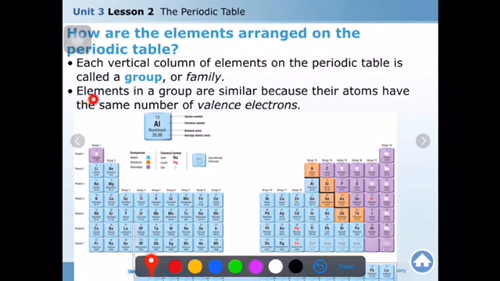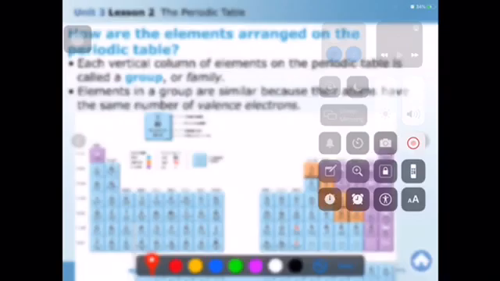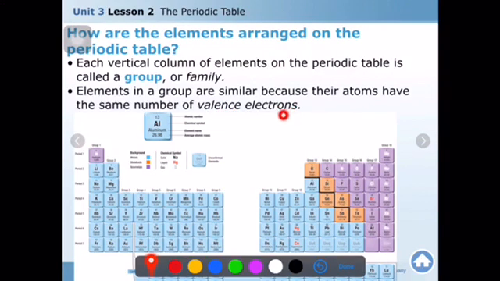Now, elements in a group are similar because their atoms have the same number of valence electrons. Valence electrons are in the outermost layer of the electron cloud. As you know, in the Bohr model I explained, for example, hydrogen has just one layer of electrons, right? That's why it has just one electron.